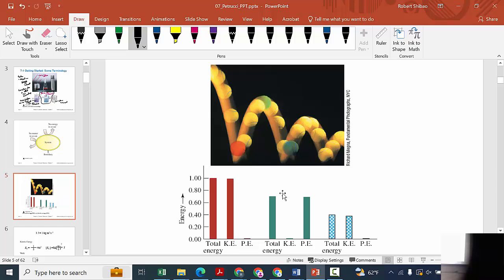And so we have to define all those terms, or at least have a good mental picture of those terms. When we look at the total energy, which we're going to call E or U, we often call it the internal energy.